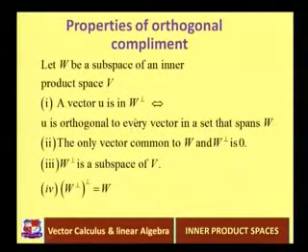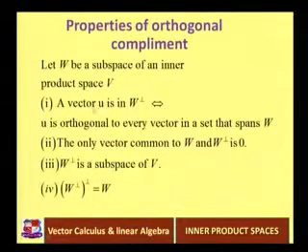Now, some properties of orthogonal complements. Let W be a subspace of an inner product space V. A vector u is in W perp if and only if u is orthogonal to every vector in a set that spans W. This is the first property.